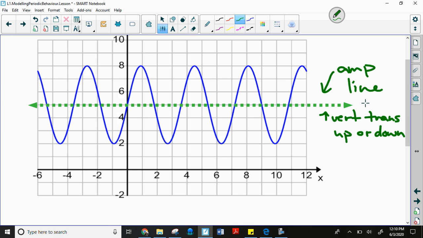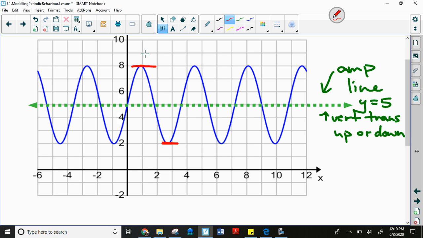So for this one, it's happening at y equals 5. In the next lesson, when we start talking about transformations of these graphs, you're going to see why. Then our amplitude, this is a crest, and this is a trough.